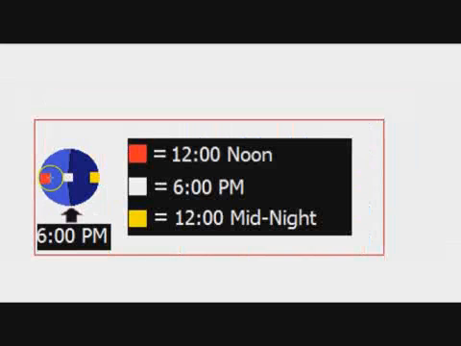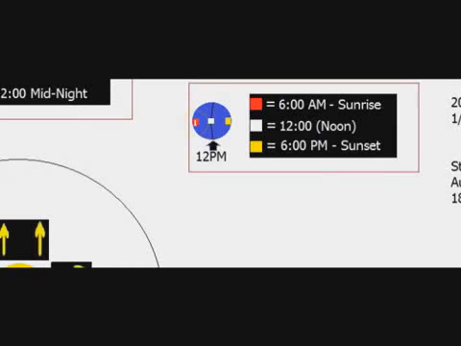Matter is what part is facing the sun, and every 24 hours the exact same spot on the Earth faces the sun. The red dot on the edge here represents sunrise around 6 a.m. Around noon would be the white square here, and around 6 p.m. would be sunset. Again, these are going to vary a little bit as far as where the shadow is, depending what time of year it is, but the Earth is still going to turn 360 degrees in one day.